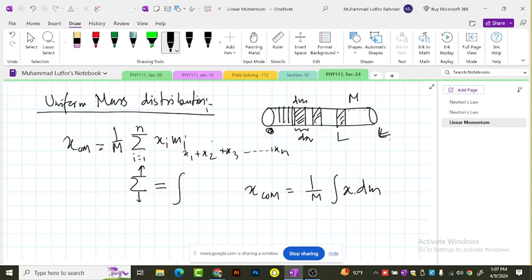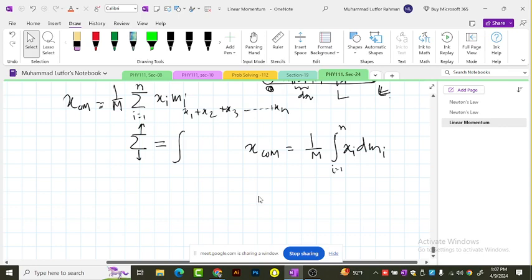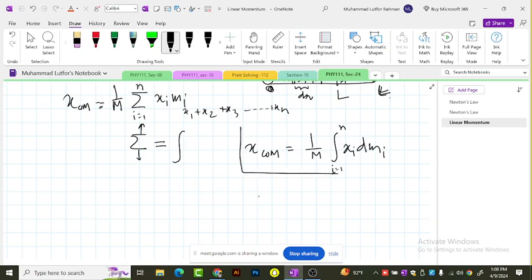And the limiting value, I need to give something over here. Let's say this is xi dmi, and let's say I want to sum up to n. I don't know, actually, that integration is a general form. Sir, should it be 0 to L? Yeah, for this rod the length should be L, but this is the general formula I'm writing.